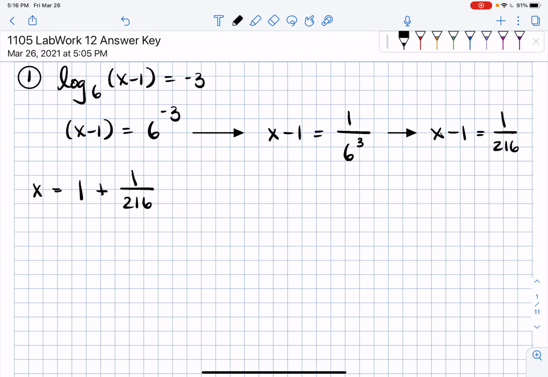Essentially, I'm adding fractions. So my 1 is really just 1 over 1, right? Actually, you know what? Maybe I shouldn't do that. Maybe I should just leave that 1 right there.